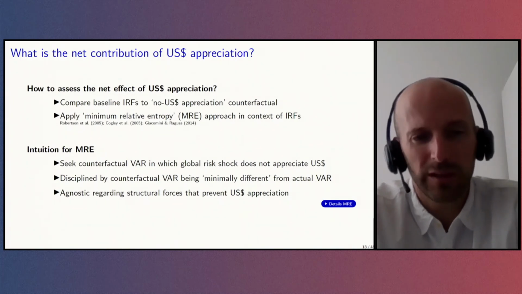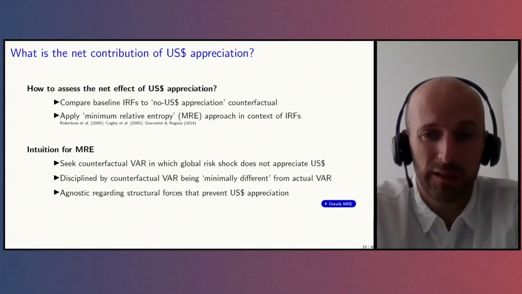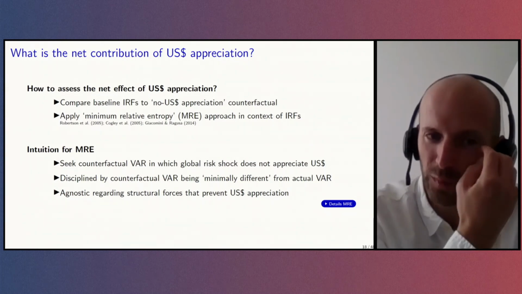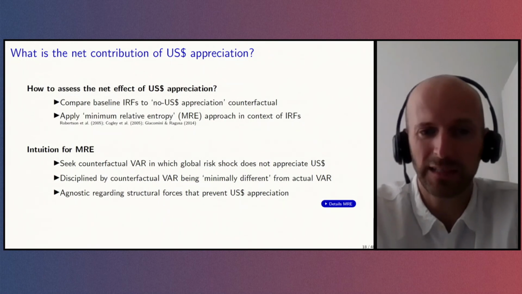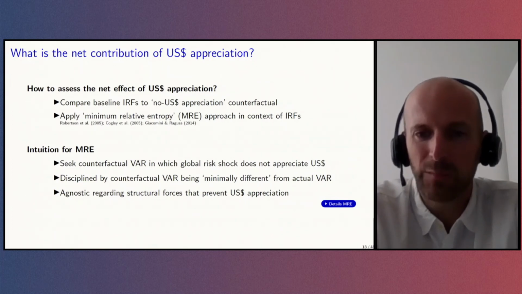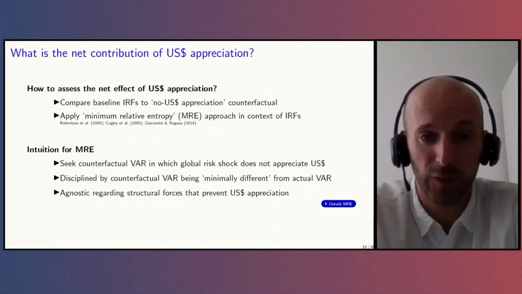Now, in general, there are many different alternative parametrizations of the VAR model that are characterized by the dollar not responding to a global risk shock. And the neat thing about minimum relative entropy is that it determines that alternative parametrization, that counterfactual VAR model, which is, roughly speaking, minimally different from the actual VAR model that we estimate from the data.